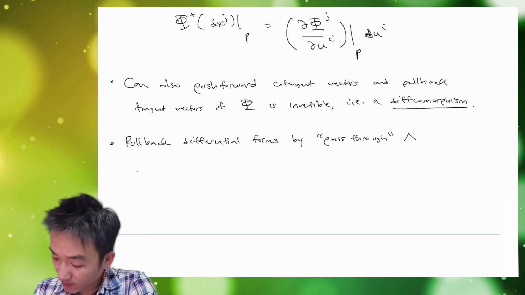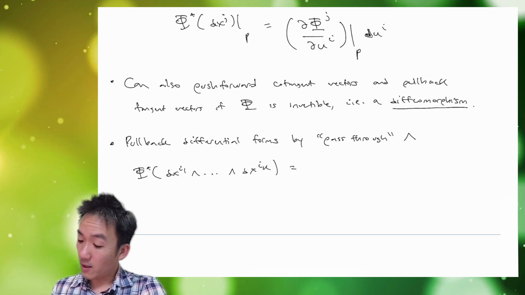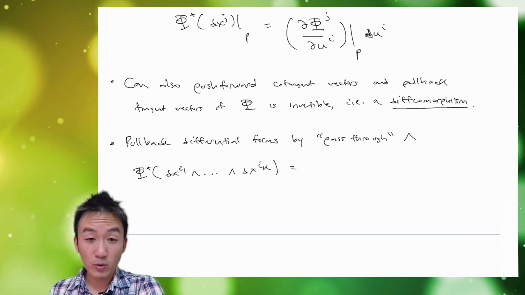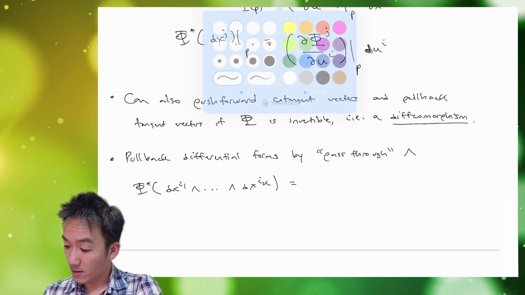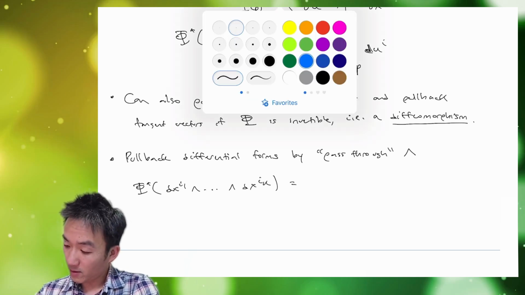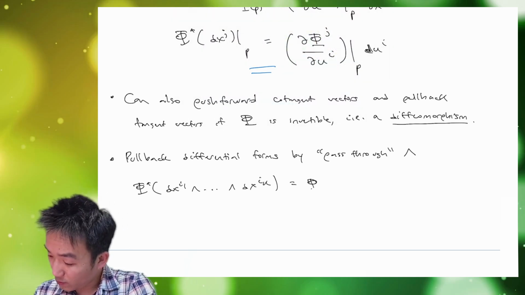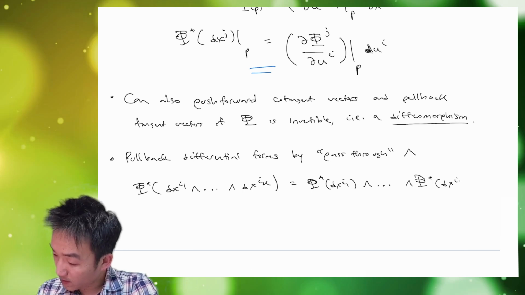So what do I mean by that? If I now want to pull back some expression like dxi1 wedge ... wedge dxik, then all I need to know is how to pull back the individual dxi's, which I already know how to do because that's precisely this formula right here. And so all I have to do is pull back the individual factors, and this will give me my pulled back differential form, right?